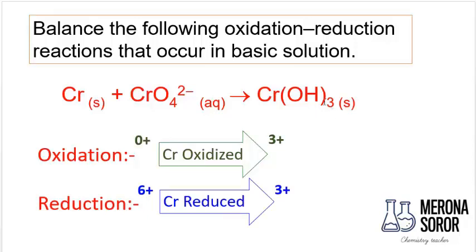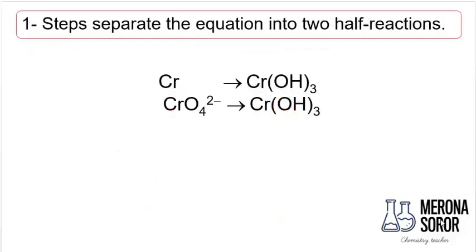The solid Cr atom changed from oxidation state 0 to oxidation state 3 positive, so it is oxidized. In the other species, chromium changed from oxidation state 6 positive to oxidation state 3 positive, so it is reduced.